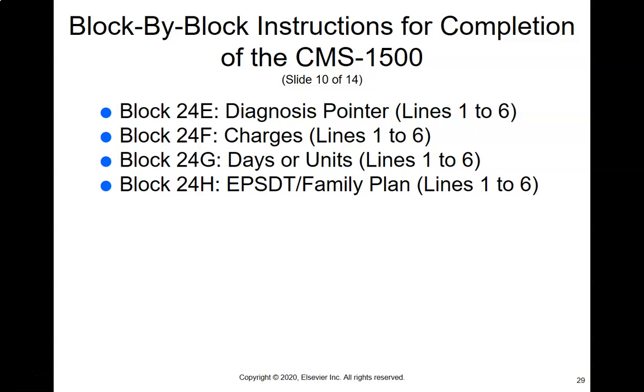24F are your charges from lines 1 to 6. If you have multiple charges, you will add them up and bring them down to the bottom of that. Block 24G are your days or units, lines 1 to 6. And 24H is your EPSDT/family plan, lines 1 to 6.